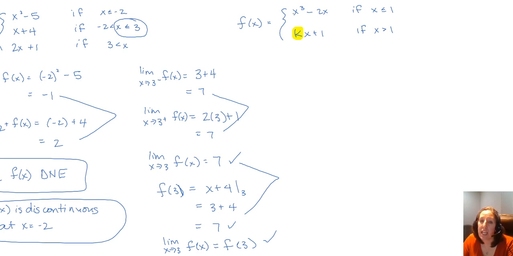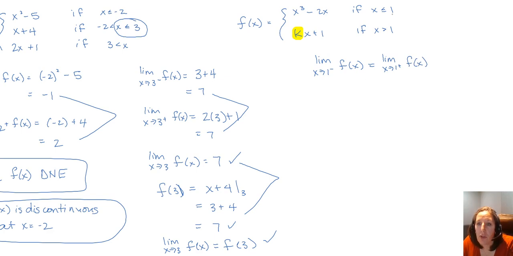So the only place that this piecewise function might not be continuous would be at the jump point here where x is equal to 1. So we need the limit as x approaches 1 from the left to be equal to the limit as x approaches 1 from the right. That's the only way that the limit as x approaches 1 would exist.